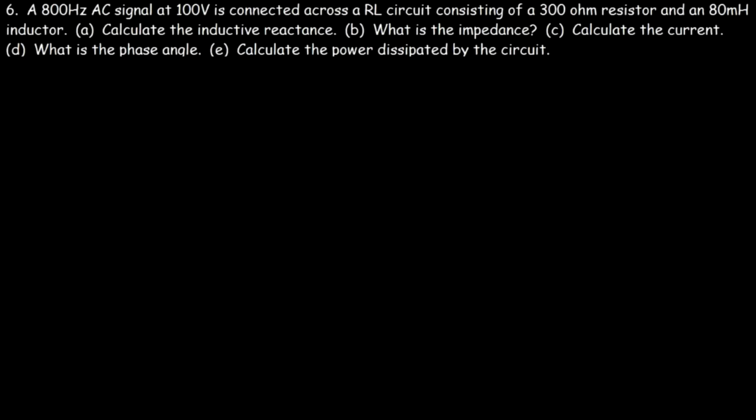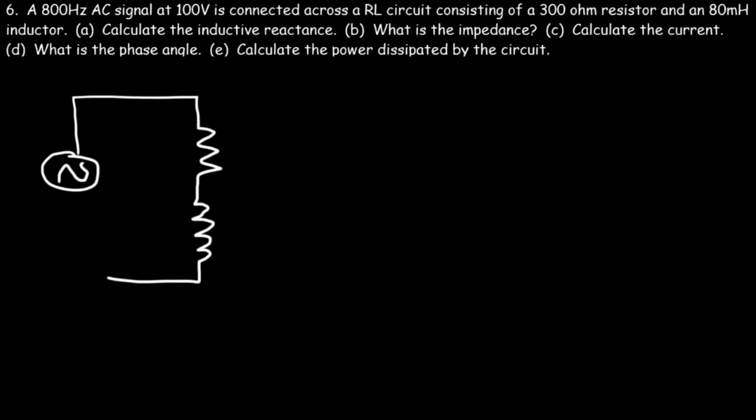Number 6. An 800 Hz AC signal at 100 volts is connected across an RL circuit consisting of a 300 ohm resistor and an 80 millihenry inductor. Calculate the inductive reactance. So let's draw the circuit first. We have a resistor and an inductor.